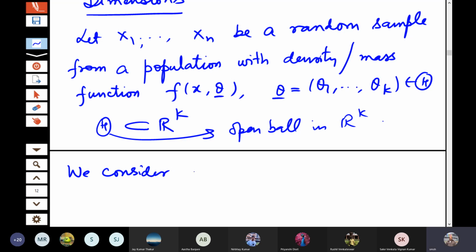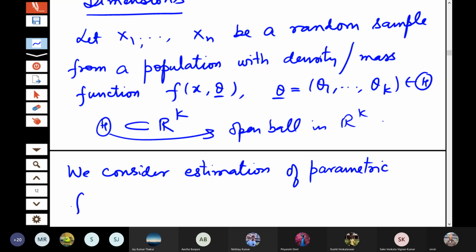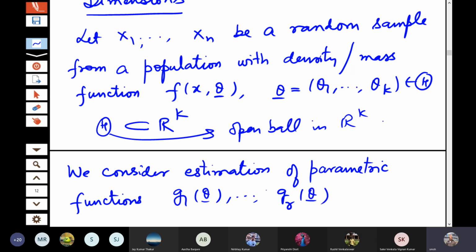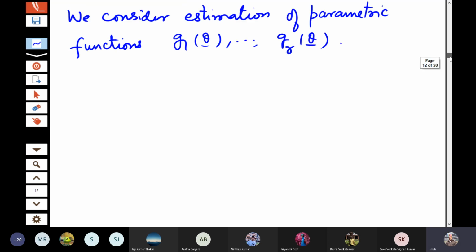We consider estimation of parametric functions g1(theta), g2(theta), ..., gr(theta), where r is an integer.